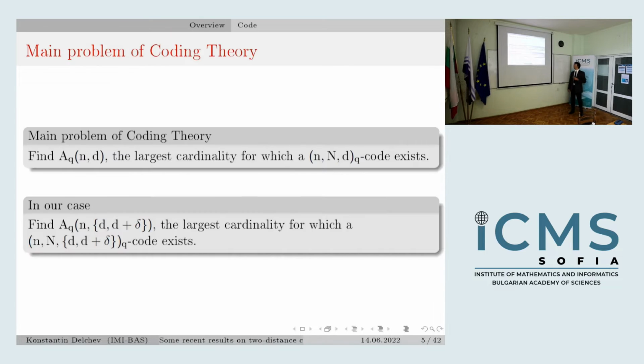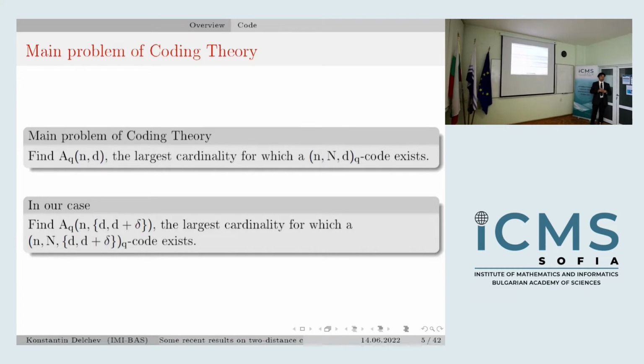And the main problem of coding theory is to find A(Q, n, d), the largest cardinality for which a code with these parameters exists. So here we have an issue. We want a code with large cardinality and large minimal distance between two of its codewords, but naturally the two do not agree, so the problem is interesting.